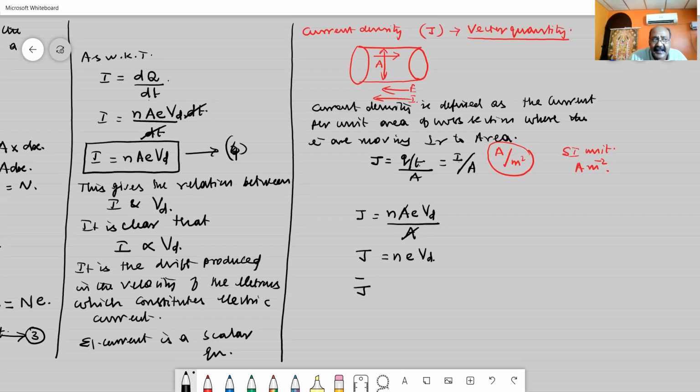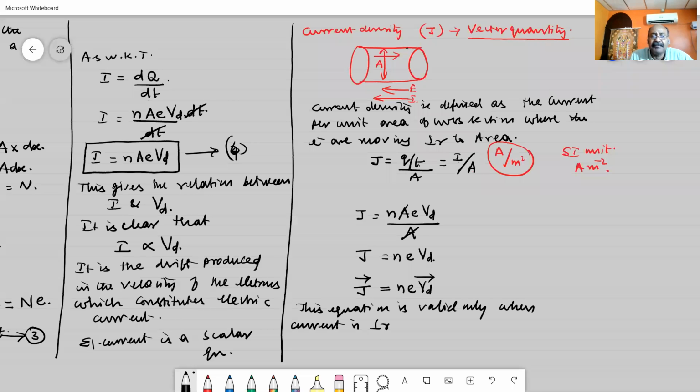Since the current density J is a vector quantity, I can write J vector equal to n into e into v_d vector. This is an expression for the current density. This equation is valid only when the current is considered perpendicular to the area, that is, when the charges are flowing perpendicular to the area of cross section.